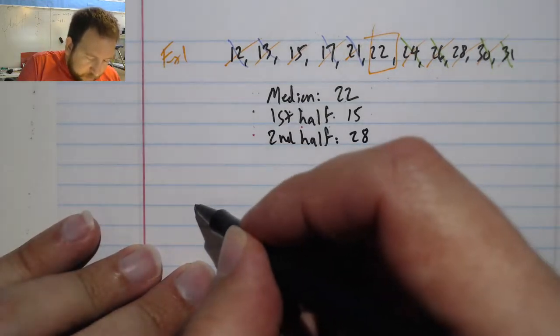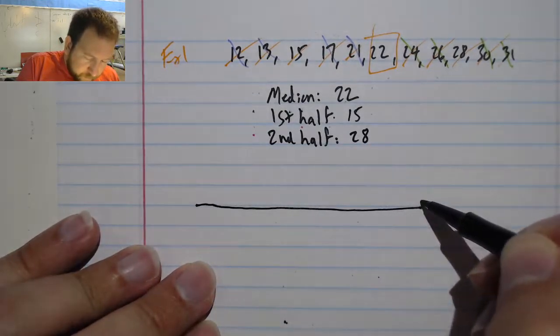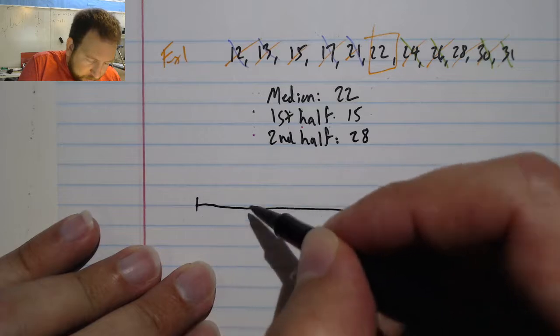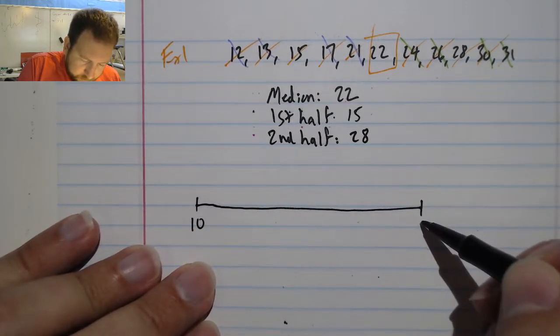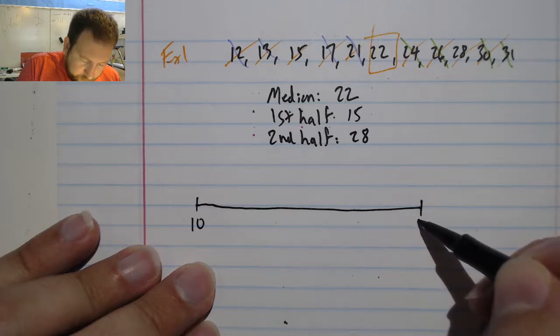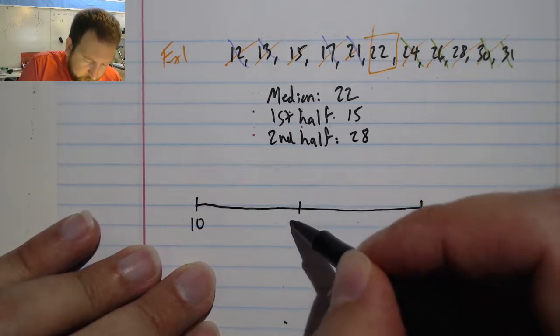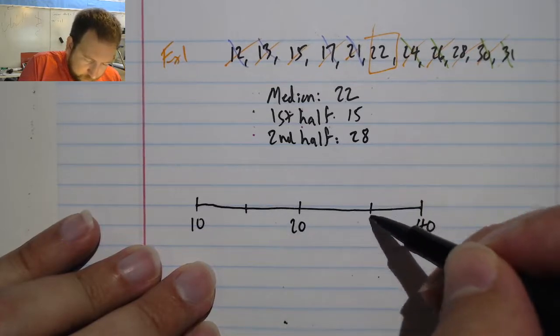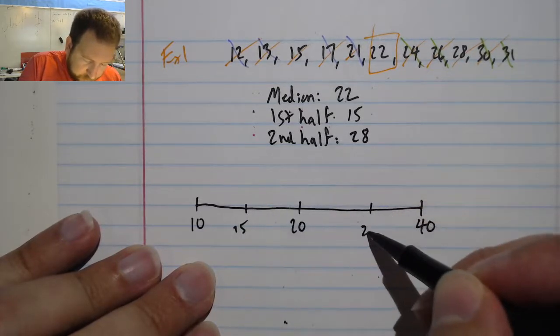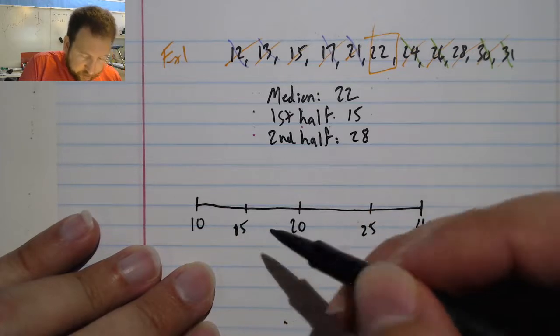Okay, I'm going to build my box and whisker plot. I'm going to start at 10, and I'm going to go to 40, 20 in the center, 15, 25-ish, right?